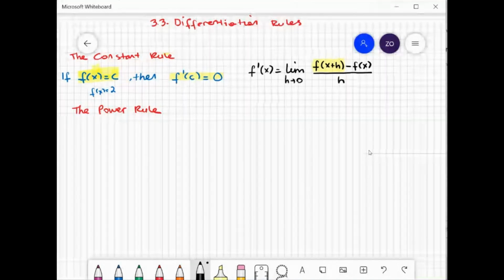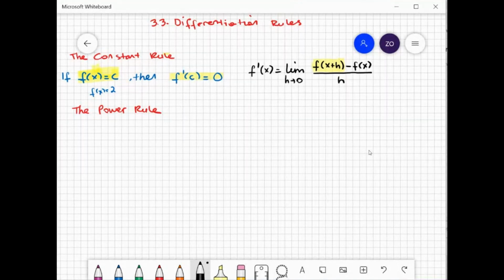Realize that the function c doesn't depend on x, so whatever you plug in, you will find c. And what do you get when you plug in x to this function? Again, whatever you plug in, you will find c.